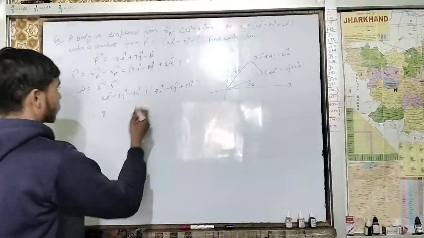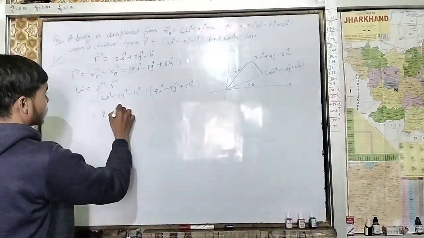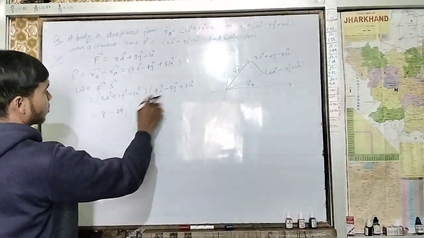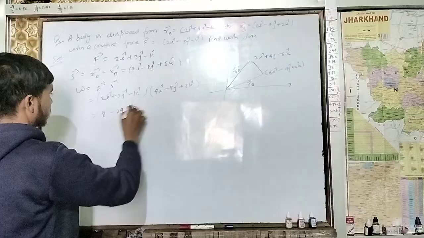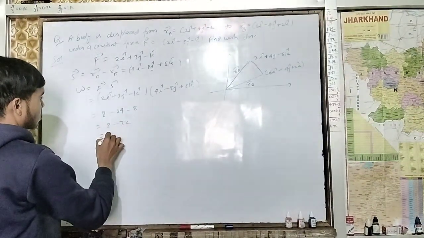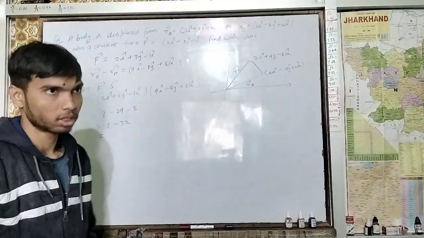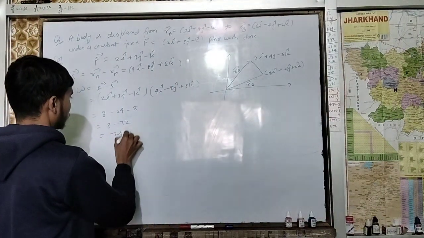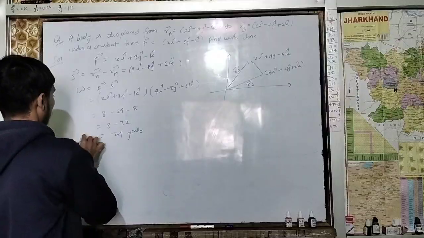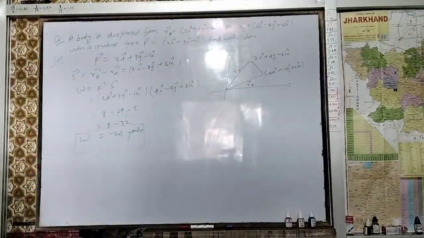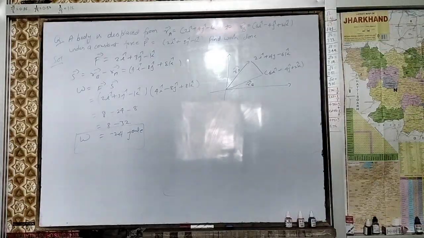Then 3 times minus 8 is minus 24. Then minus 1 times 8 is minus 8. So 8 minus 24 minus 8 is minus 24. This is our answer: minus 24 joule.